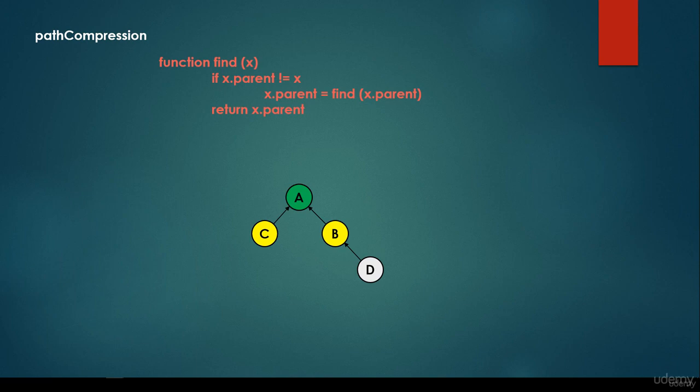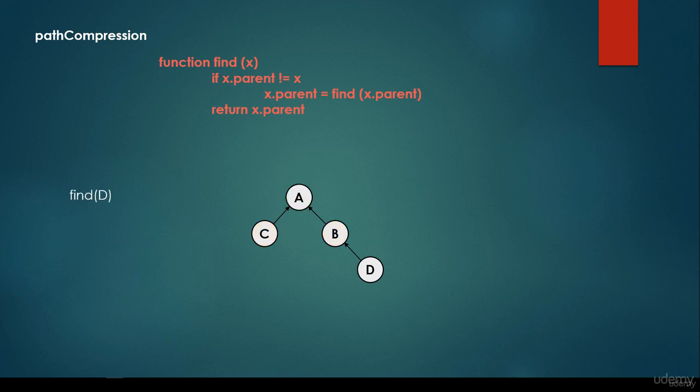Why is it good? Because the next time I'm looking for the C, I can find it very easily and I can return with the representative. It's very important to know that whenever I call this find on C or B or D, all of them will return with the representative, because this is how disjoint sets work. Whenever I call the find method on an item, it's going to return not the value of the item, but the value of the representative, so basically the root node in this case.